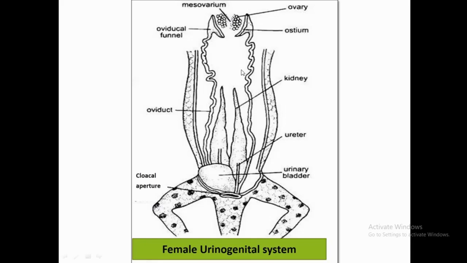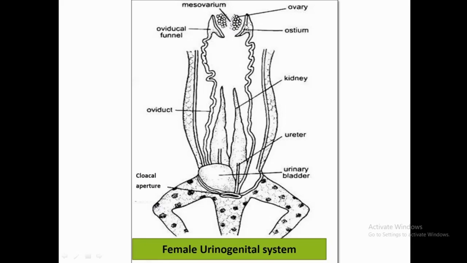The reproductive structures. Now, the lobulated ovary, which is formed of several follicles joined together, and from the inner side, fine ligaments form a double fold with the help of which each ovary remains attached with the dorsal body wall, and this fold is nothing but the mesovarium.